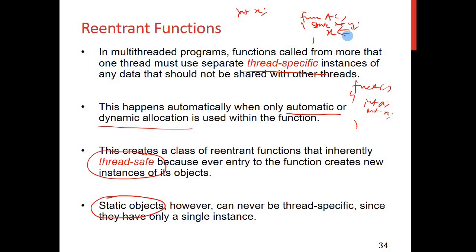When one thread is using it, it may hold some value, and then if I get preempted and another thread calls the same function, it is holding on to data from another thread, which may corrupt or interfere with the way it is being used in the current thread. So that is what we need to be careful about. In order to say that a function is re-entrant, you have to make sure that they only use automatic variables or dynamically allocated variables.